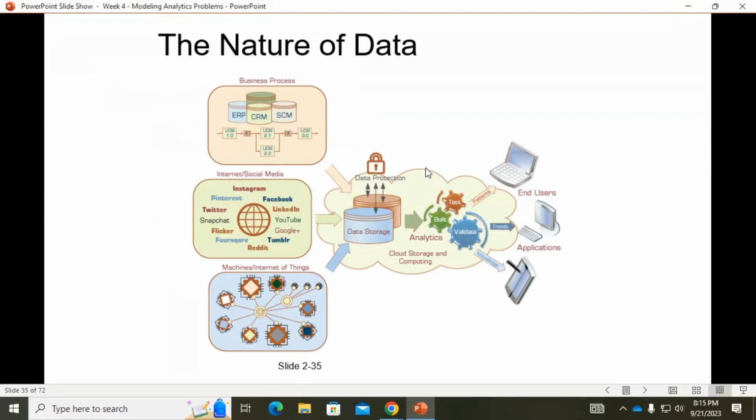Okay. So this is just to illustrate all the different places that you could get data potentially for the purpose of analytics. So business process data in things like a customer relationship management system, supply chain management system, social data from the web, Internet of Things data, and so between here and actually processing the data, you would have to store it, protect it, and clean it.